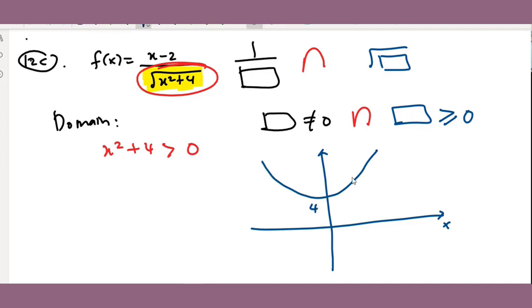No roots, we call it zero roots, right? So it means that all x are in the domain. So the domain is x from negative infinity to infinity, because no x is excluded.